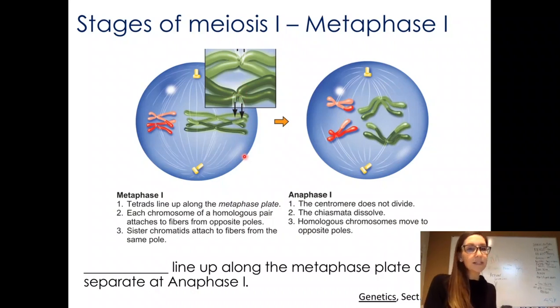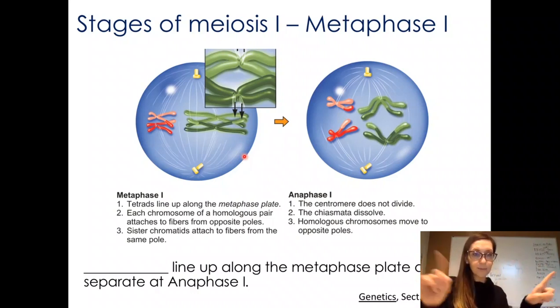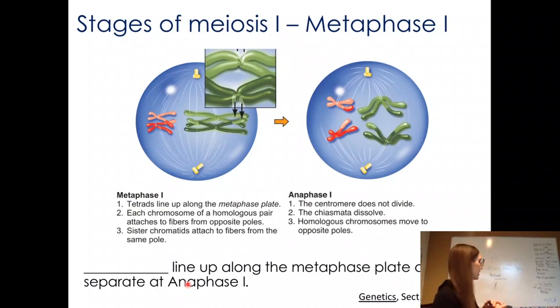So here's the difference. In meiosis 1, we're going to separate the tetrad in the first division, and then in the second division, we'll have the separation of the sister chromatids. So for this blank, what lines up along the metaphase plate? It's the homologous pairs, or the tetrads. This right here, tetrad, is what should go in the blank.